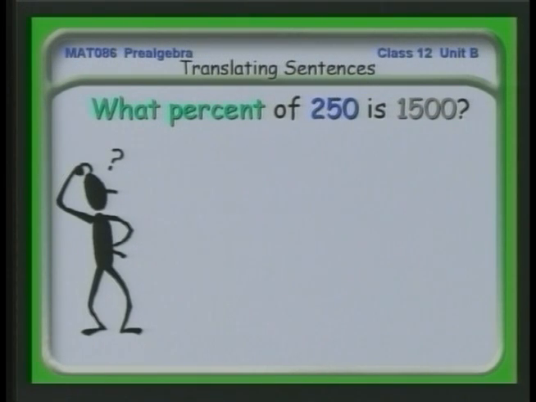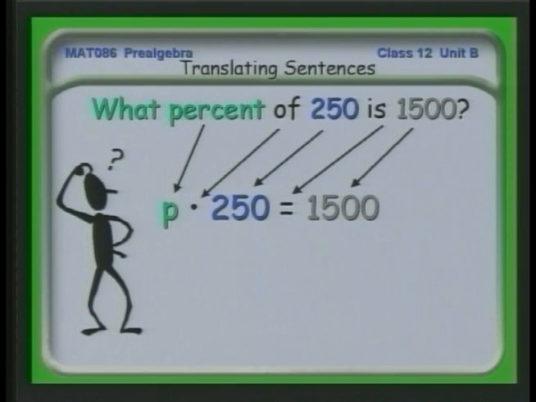Here's another example. What percent of 250 is 1,500? I translate this into an equation. What percent, that's my unknown, of the whole is equal to 1,500. Here we go. 1,500 is the part.